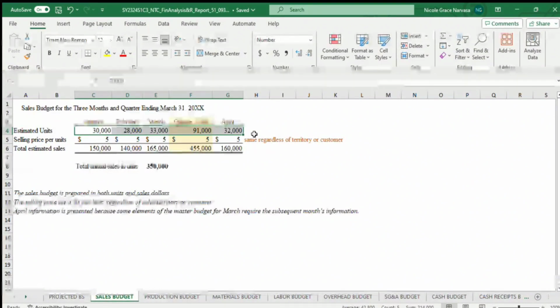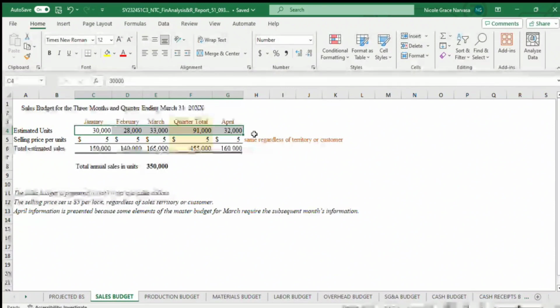Estimated units for January is 30,000, February 28,000, March 33,000, and we added a month of April here, which is 32,000, and for selling price per unit, they're also the same, $5.